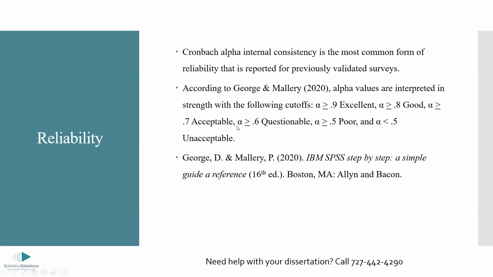But thankfully, if you're using a previously validated instrument, even if there is low reliability in your study, the previous research will still allow you to continue using that instrument because it's been justified previously. Okay, so I have that reference at the bottom, George and Mallory.